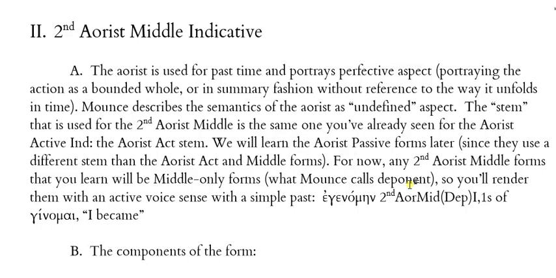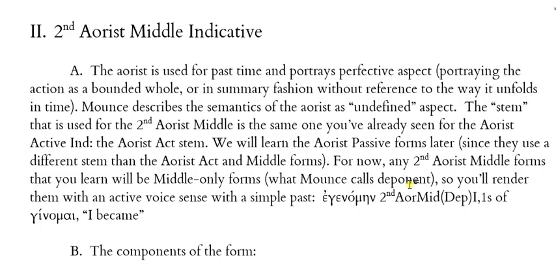The stem that we're using for the second aorist middle is going to be the same stem that we use for the second aorist active. Okay, not a different stem. Both of these use the same stem. So we'll call it the aorist active stem, okay? And we will get to the aorist passives in a few chapters, and they are going to use a different stem.